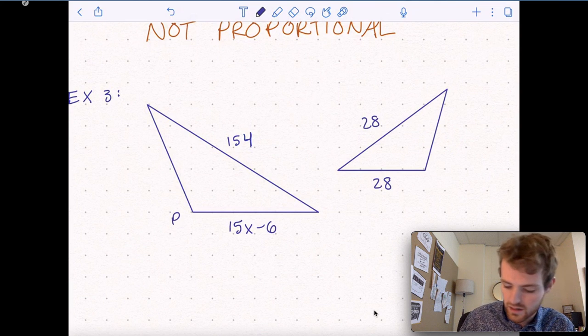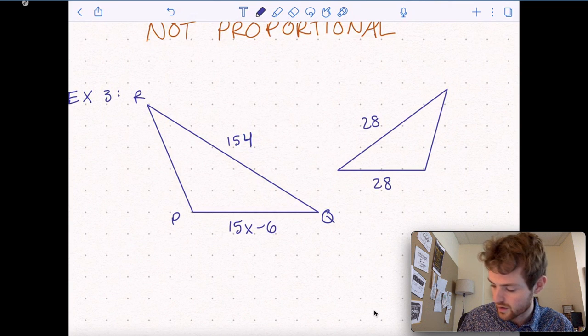Here, P, R, and Q, I have similar triangles. Now let me be careful.